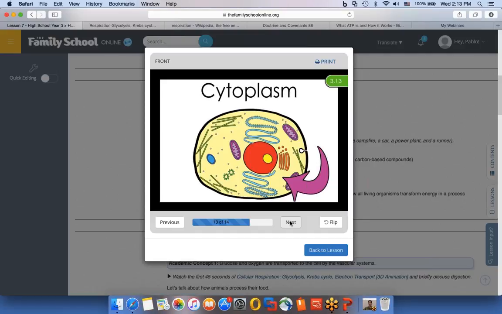The cytoplasm is on the inside of the cell, and it's a thick substance enclosed in the cell membrane, and it's mainly made of water, and it protects the cell as well.